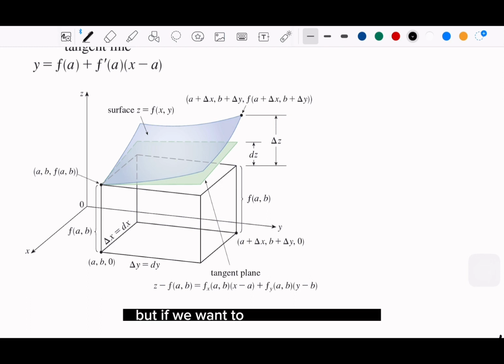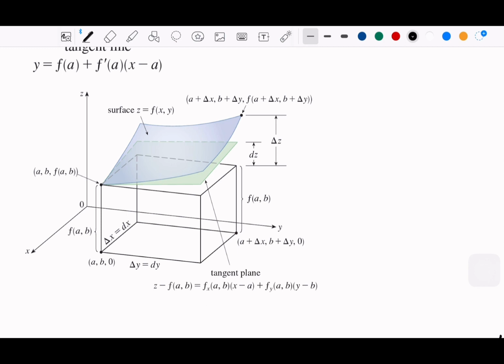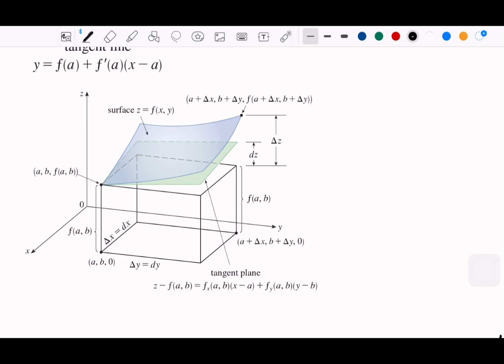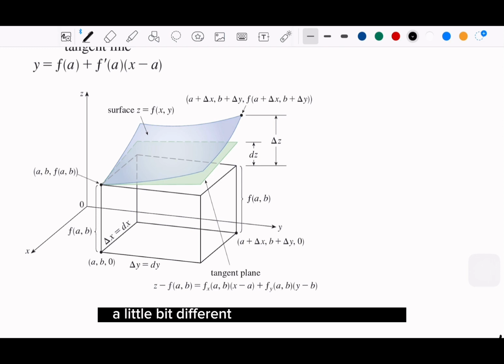But if we want to make it more clear in terms of differentials, which means that we are only focusing on a small segment, we can denote this as dz. So this is actually the same thing, just a little bit different in how we write, okay?